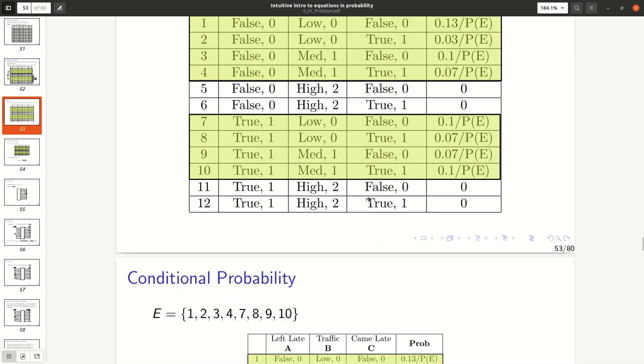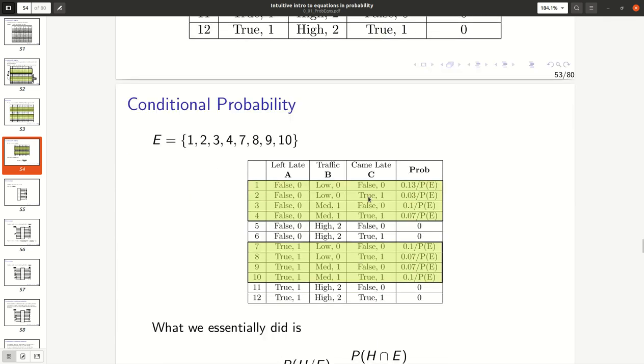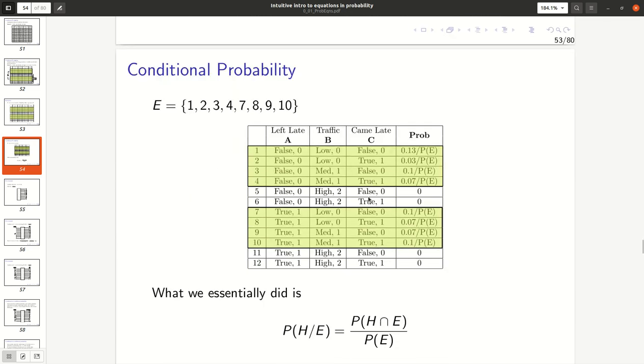Now let's try to get a more precise definition of what we did from the set theoretic framework. E is the set using which we want to perform the conditioning. So it means that only one out of these listed elements in E has happened, and everything else outside E cannot happen.